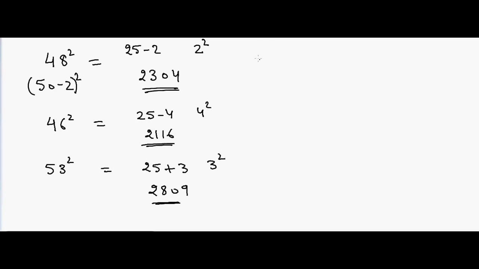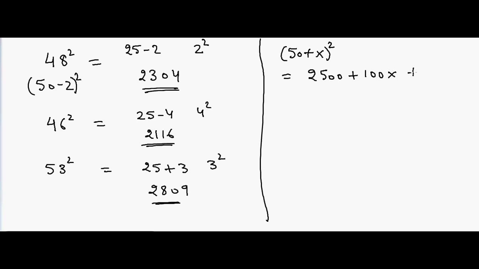How does this trick work? Let's look at the left side. If we have something close to 50, it can be written as 50 plus x whole square, and 50 plus x whole square can be written as 2500 plus 100x plus x square, which will be equal to 25 plus x, into 100, plus x square.